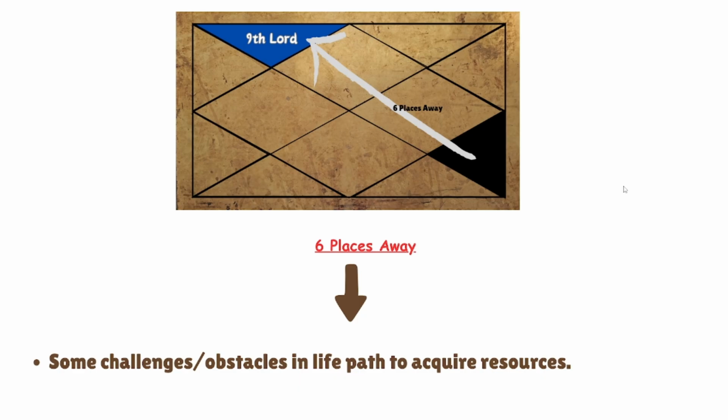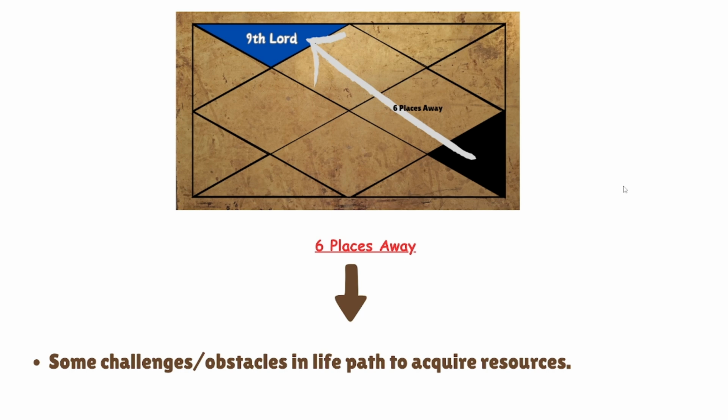Now, the ninth lord is going 6 places away and sitting in the second house. We always know that 6 places away always brings some kind of challenge or obstacle, loans, litigations, or a place where we have to fight the enemies.